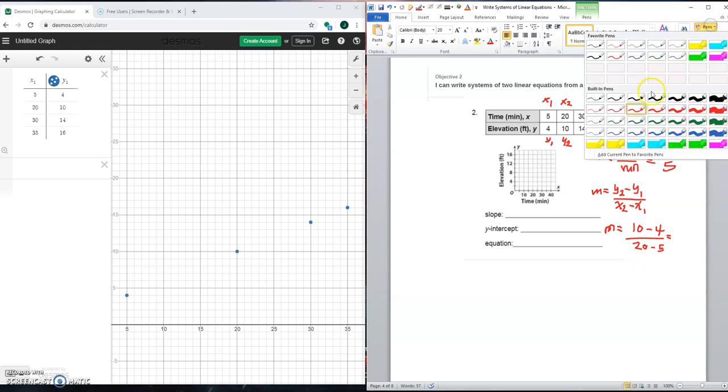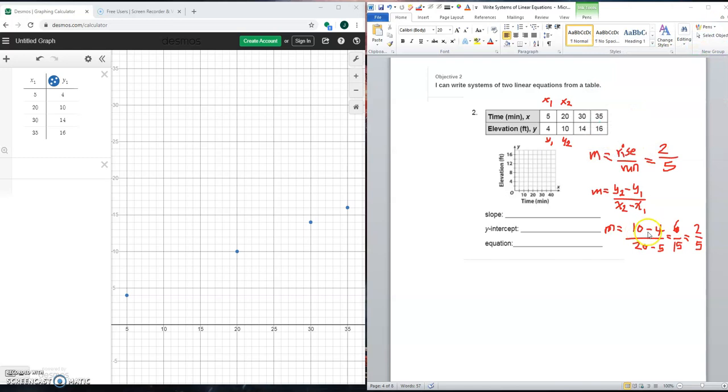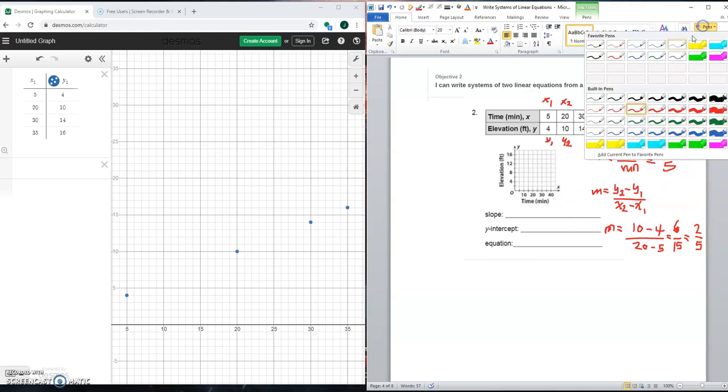And your answer on this is 10 minus 4 is a 6 over 20 minus 5 is 15. Greatest common factor is 3, so 6 divided by 3 is 2. 15 divided by 3 is 5. So the answer is the slope is 2 out of 5.